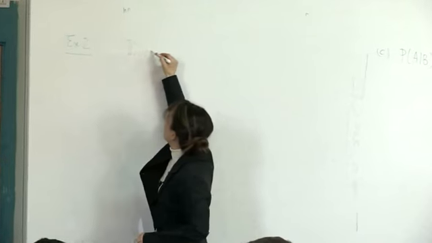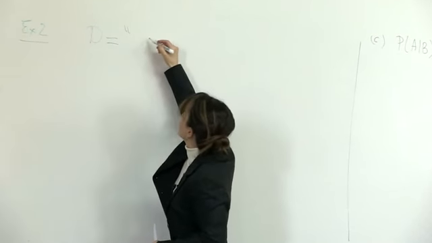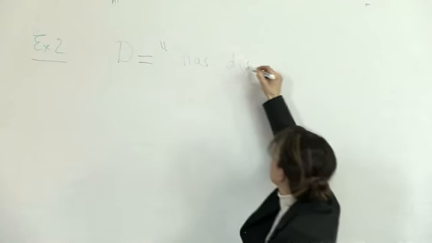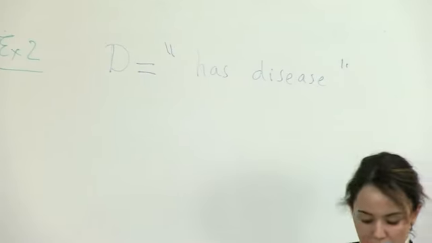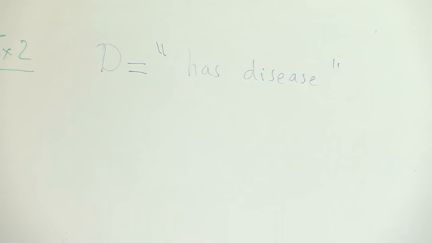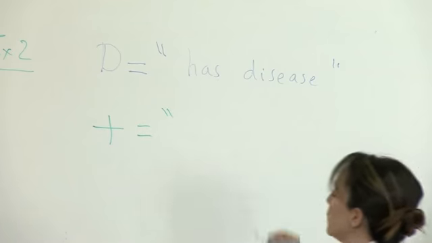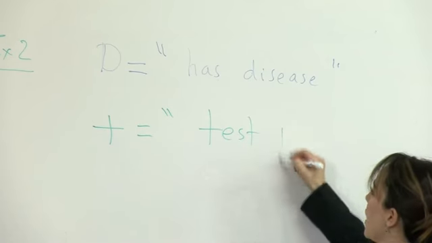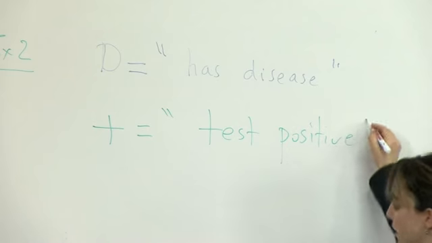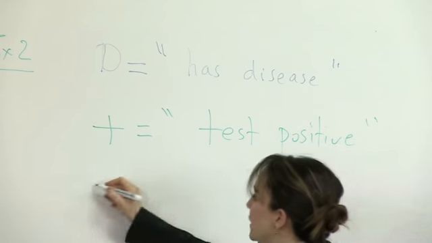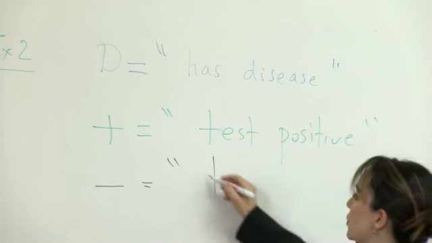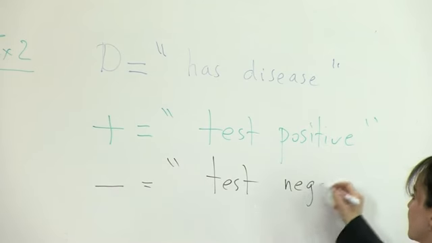Okay, let D be the event that the person has the disease. Let me switch to another marker. Let this be the event that the person tests positive. And let this be the event that the person tests negative.